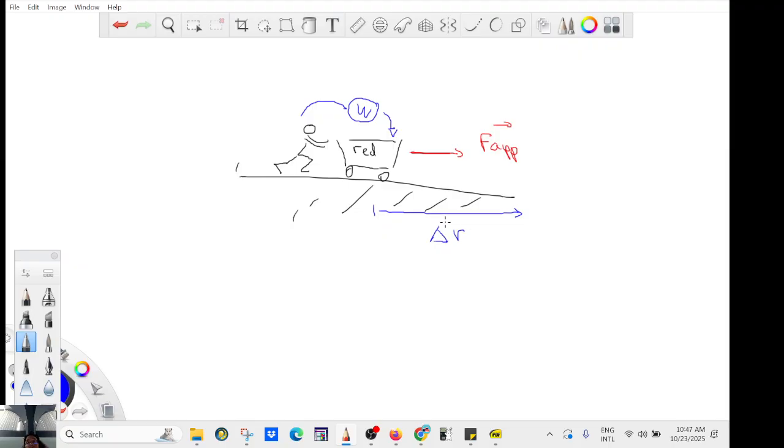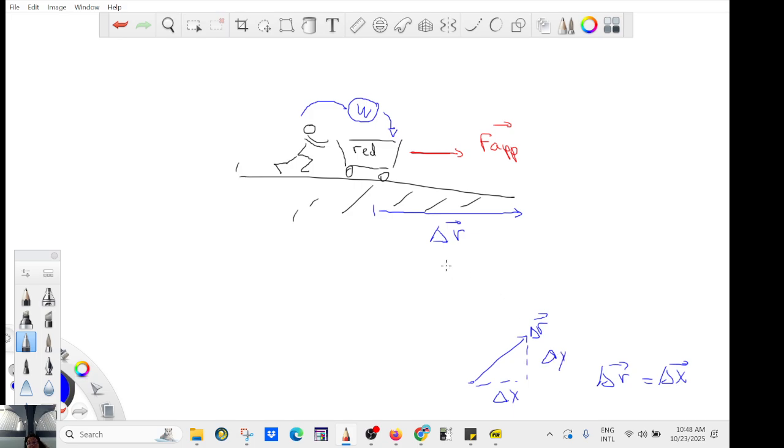I'm going to call that displacement delta R. In that case, the displacement is just delta X in 1D, but it could be that we work in 2D or 3D. So remember, R is a vector. Delta R has an X component and a Y component.